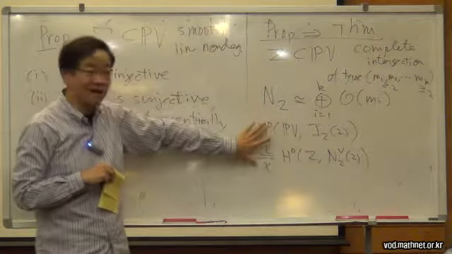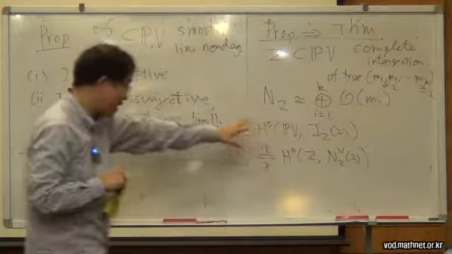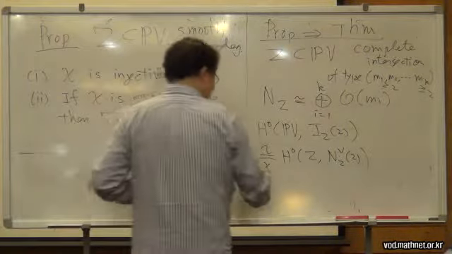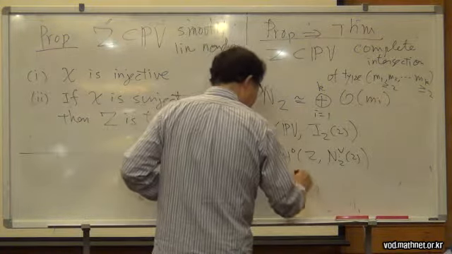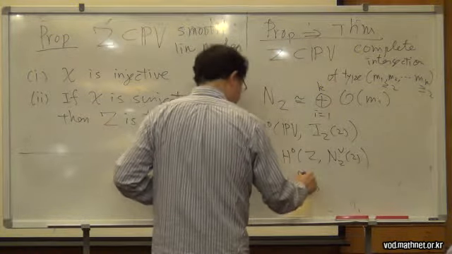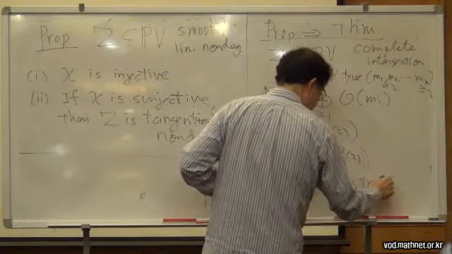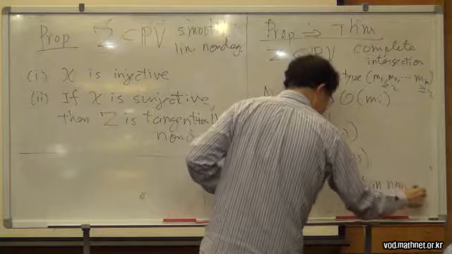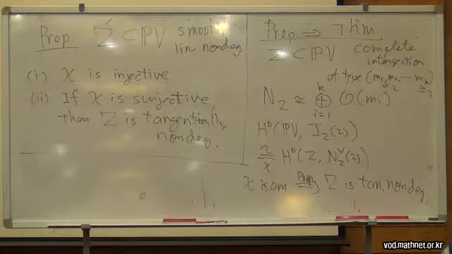So both of them are exactly given by O(2)s here. So they are isomorphic, so chi is an isomorphism. So by the proposition, Z is tangentially non-degenerate. So this proposition implies the theorem.